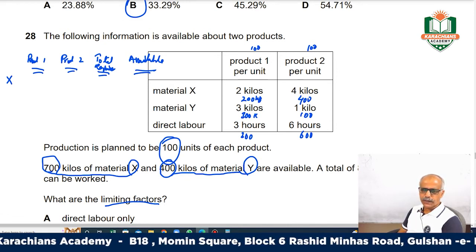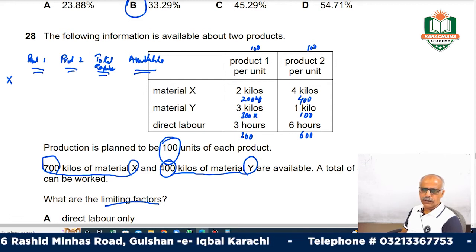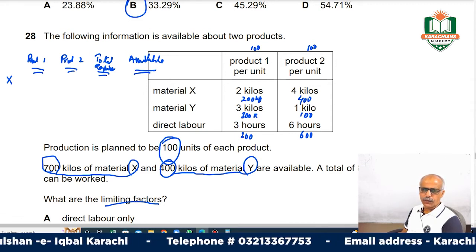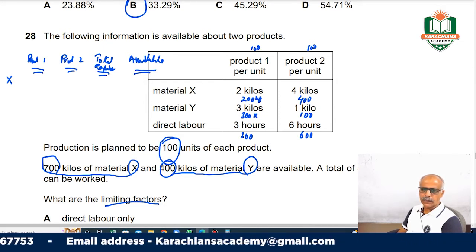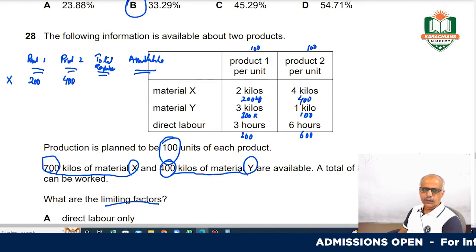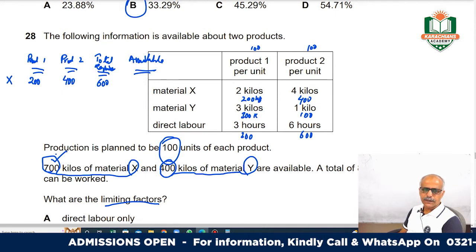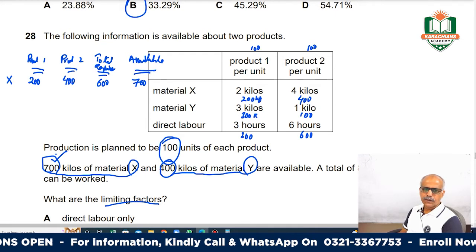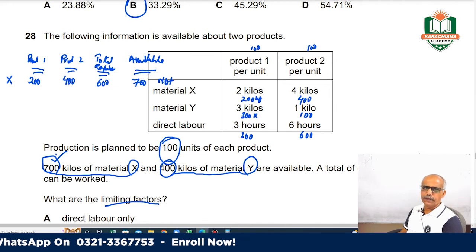If you produce 100 units of product 1 and 100 units of product 2, material X used is 200 in product 1 and 400 in product 2, total 600, and you have 700. It is not a limiting factor.